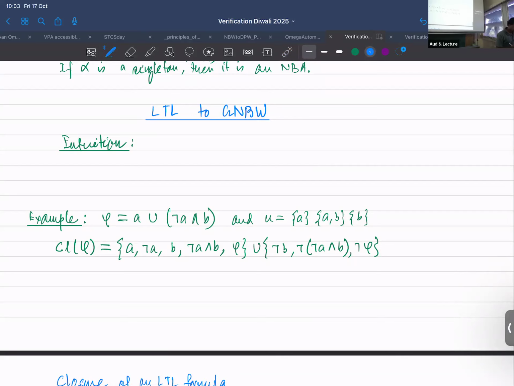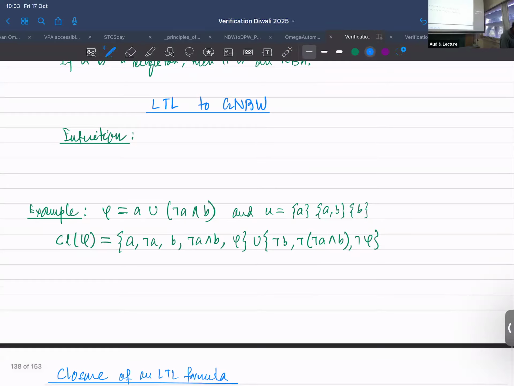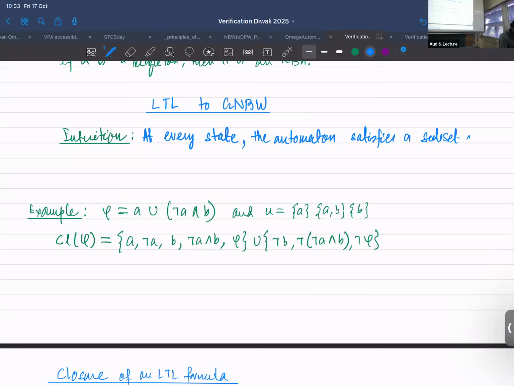And here you can think of it as, at every state, the automaton satisfies a set of subformulas of the given formula.